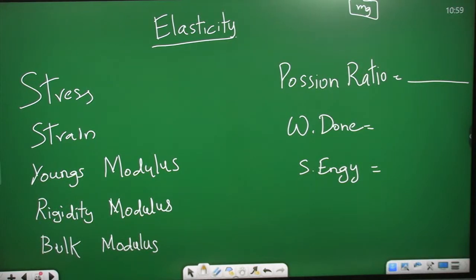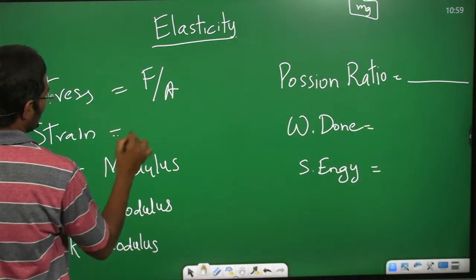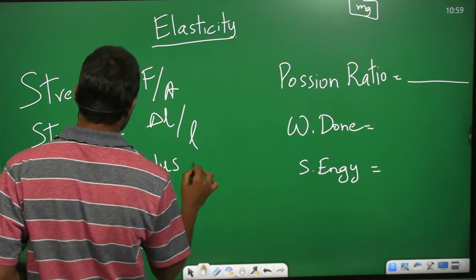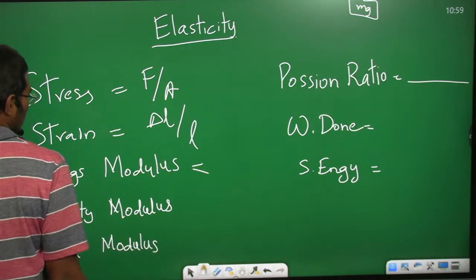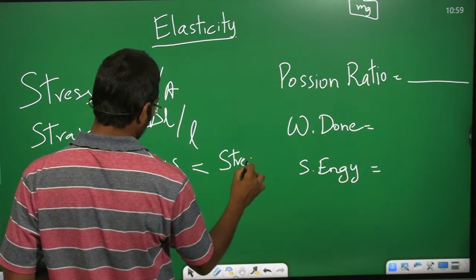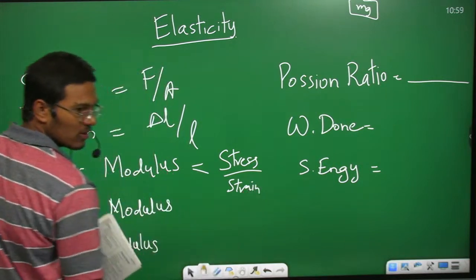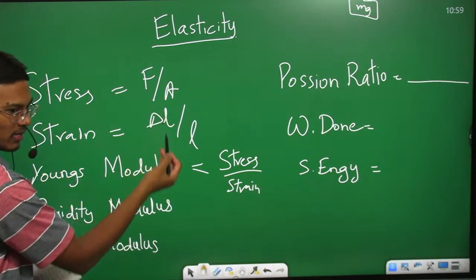So people, we have 1, 2, 3, 4, 5 plus 3, 8. Stress, F by A, right? Next. Okay, right, next. Young's modulus is stress by strain. You can write stress is equal to F by A, strain is equal to change in length by length.